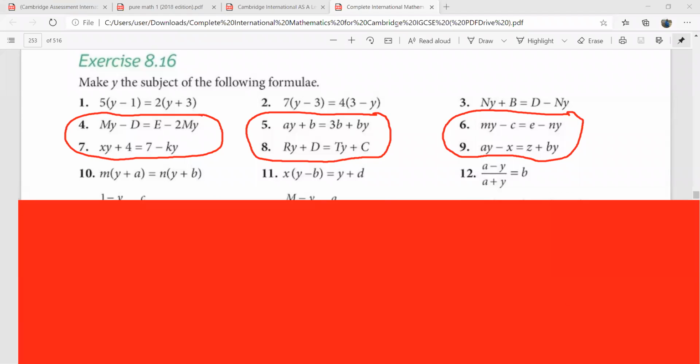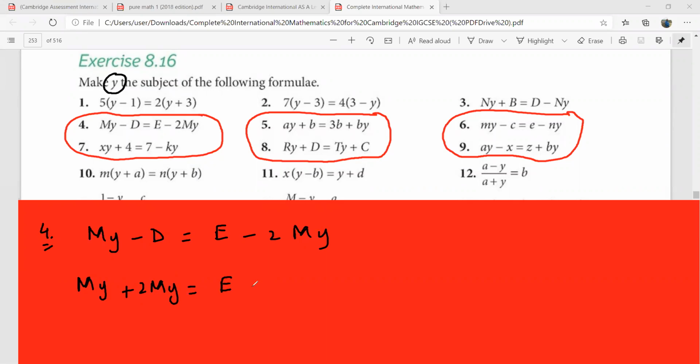If you look at the fourth question here, we have to make y the subject. So this is my minus d, that is equal to e minus 2my. Now the key is that you bring all the terms which have y in it, which is what our subject has to be, to one side. This is going to be my plus 2my.